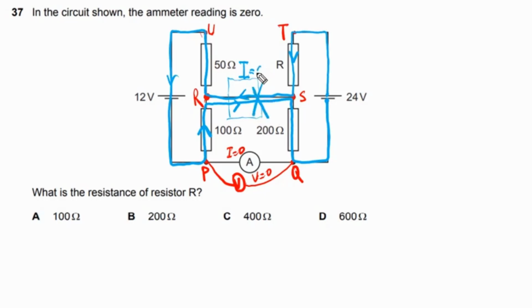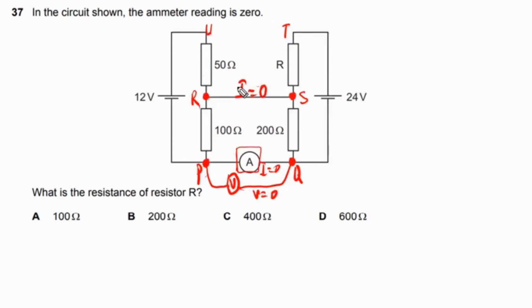So it simply means there is no current passing through this wire. As there is no current passing through this wire and also no current passing through this ammeter, it simply means that these are two different circuits, or I can simply say that in this circuit current will flow like this.